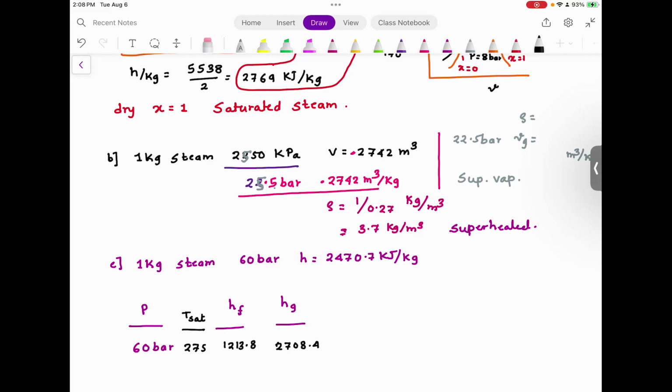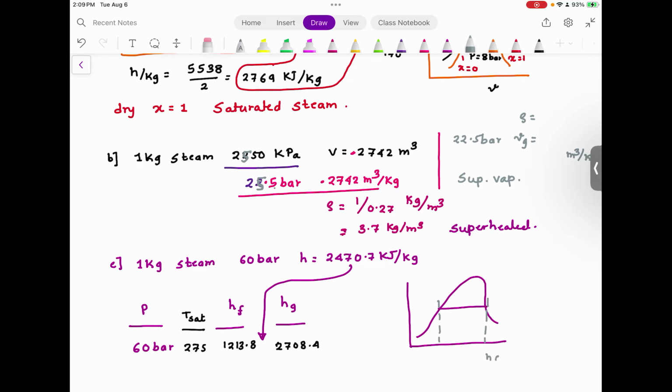Okay, now I want you to notice this value of H is in between Hf and Hg. Are you with me so far? So this value is in between Hf and Hg.